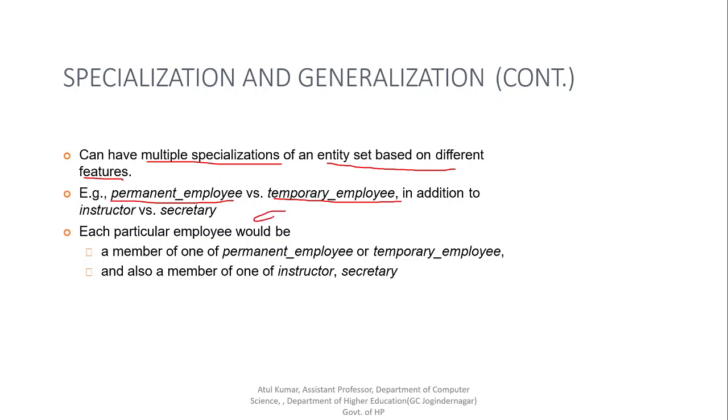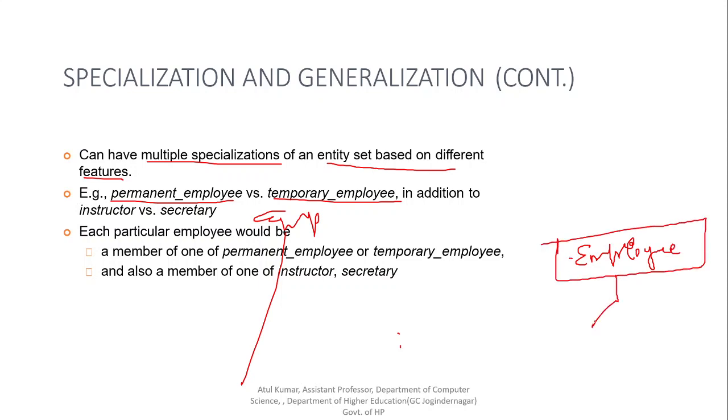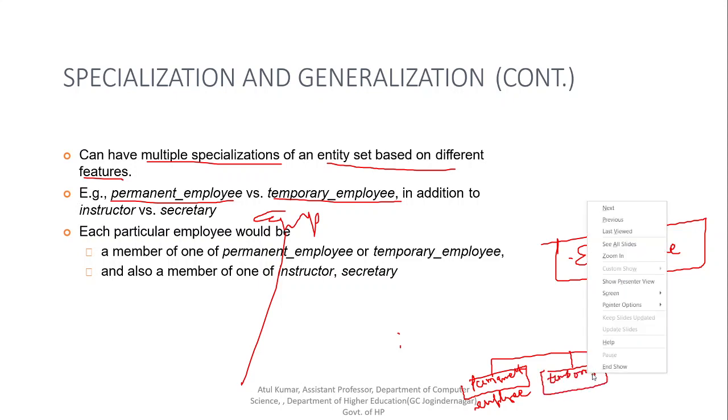For example, we have an entity called employee, and we have "is a". So we have multiple kinds of specializations. One specialization is permanent employee. Other specialization is temporary employee.